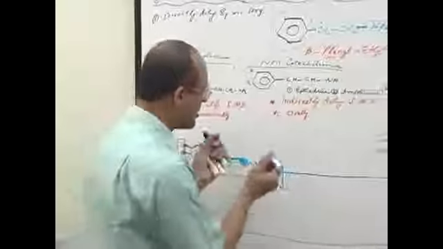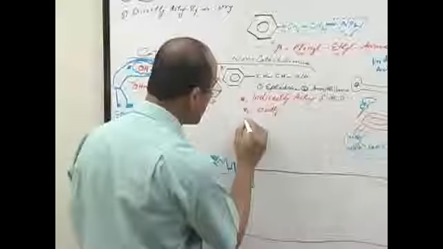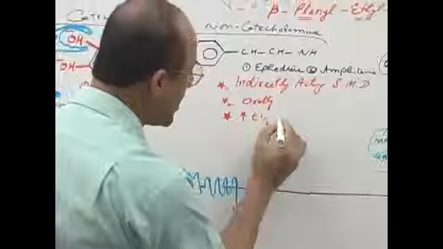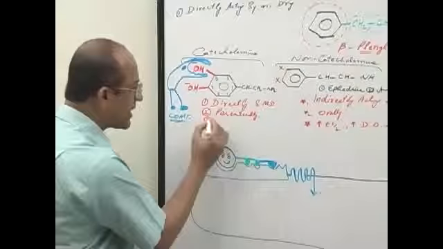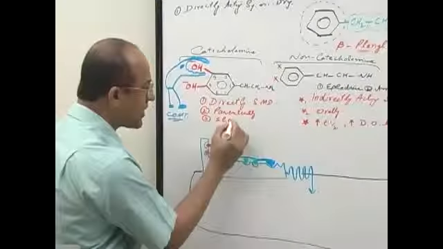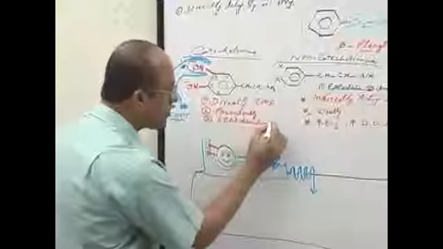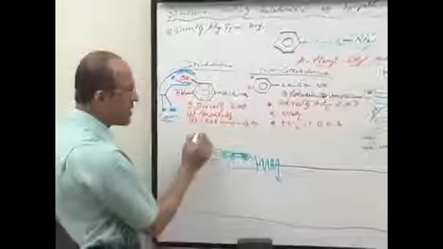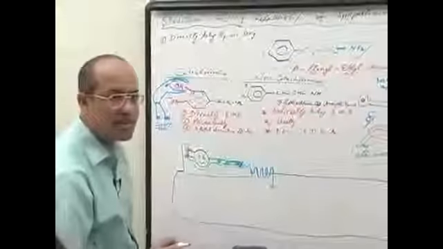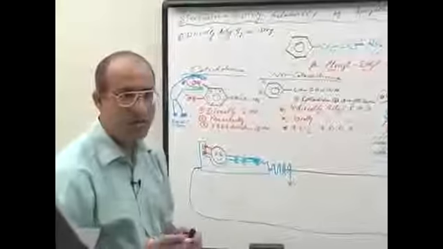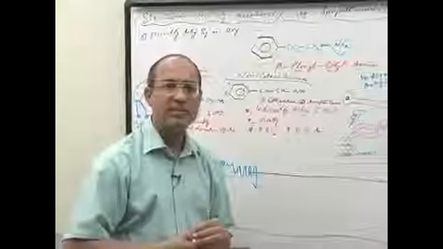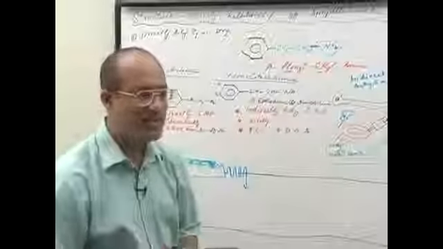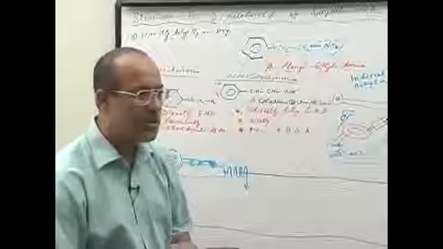There is increased half-life and increased duration of action. Catecholamines have a short duration of action, counted in minutes, but non-catecholamines act over hours. Is that right?